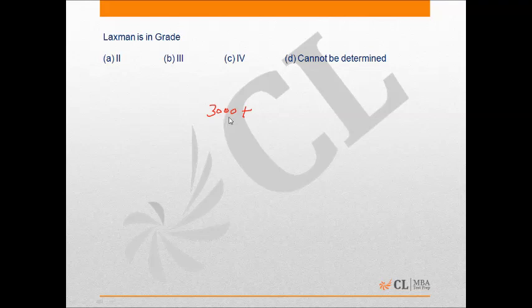And after that we can see he has taken 60 catches, so 60 into 3 points, that is the number of points awarded to each catch.